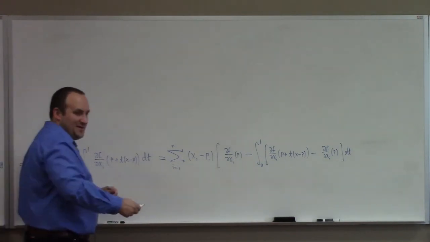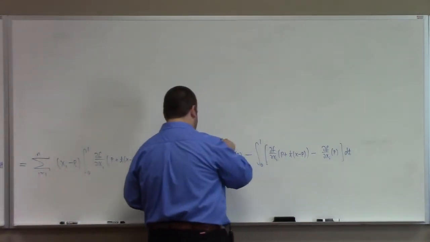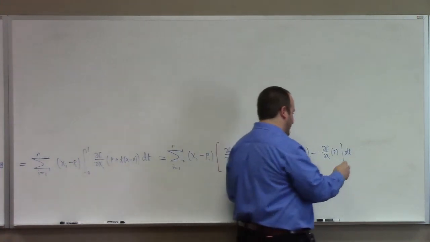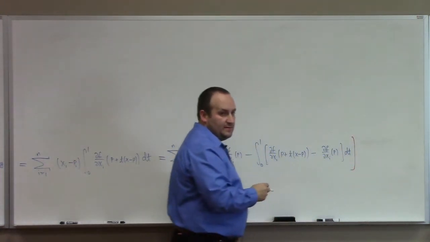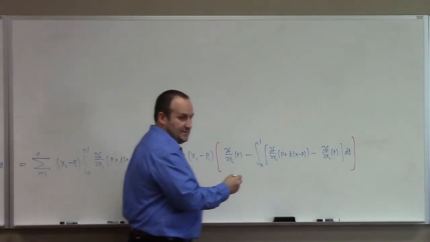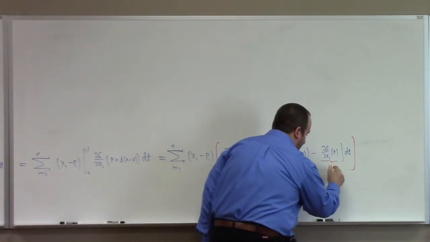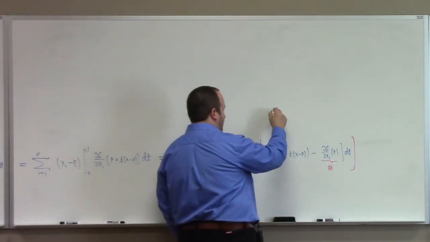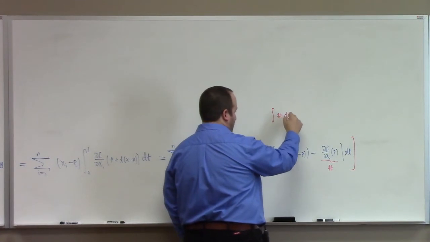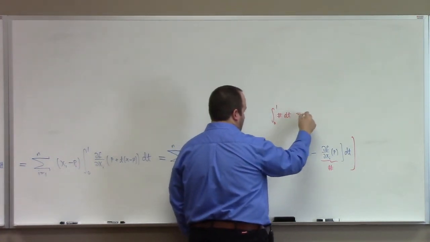Which might look like a bit of dark magic to you until I explain the entirely trivial step which we just did. This is a number. We're using the identity that the integral of a number, dt, from 0 to 1 equals that number.